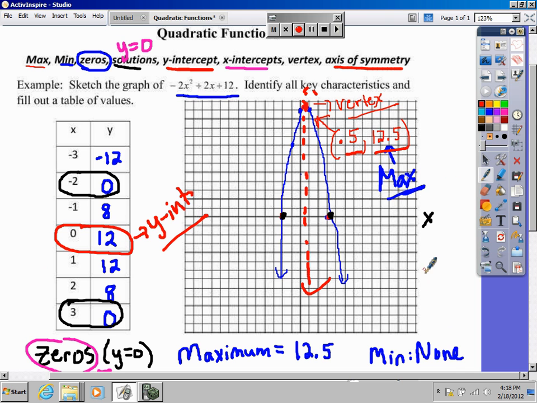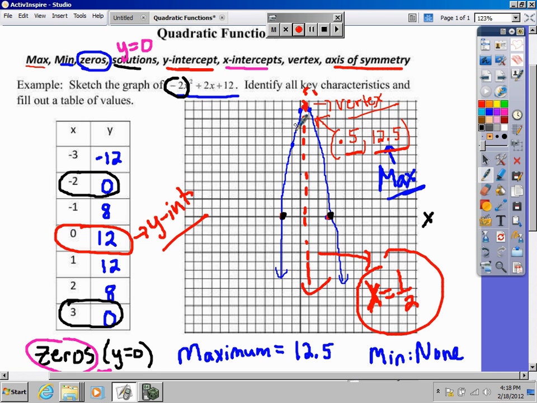And then the axis of symmetry is the line that goes right through the vertex. So it divides the parabola into 2 equal parts. And what we'd see is that, if our vertex is 1/2, 12.5, the actual axis of symmetry line would just be x equals 1/2.